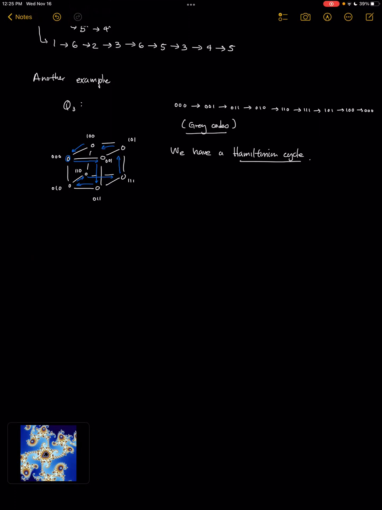Now, here's an example of a graph that has no Hamiltonian path. Okay.